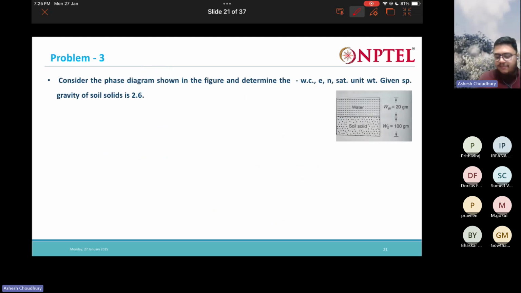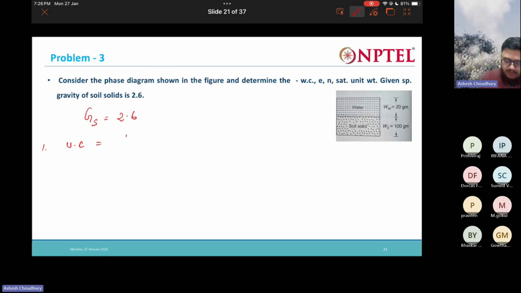Now next, consider the phase diagram shown in the figure and determine water content, void ratio, porosity, saturated unit weight. Specific gravity of soil GS is given to you, and you have this figure. So first find out the water content.